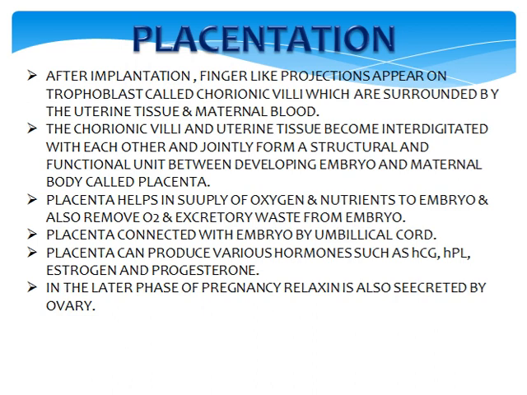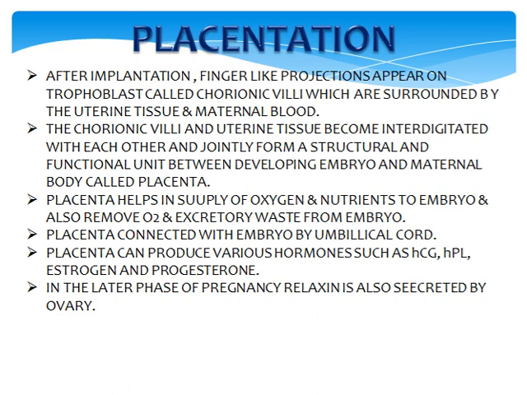The chorionic villi and uterine tissue become interdigitated with each other. That means chorionic villi are produced from the blastula side, and other finger-like projections are produced from the maternal side, commonly known as maternal villi, or you can also consider that as decidua basalis.